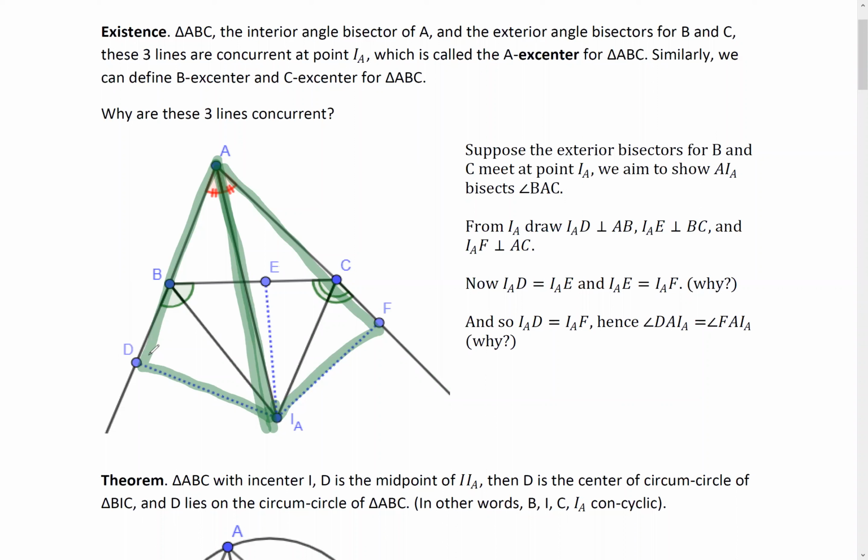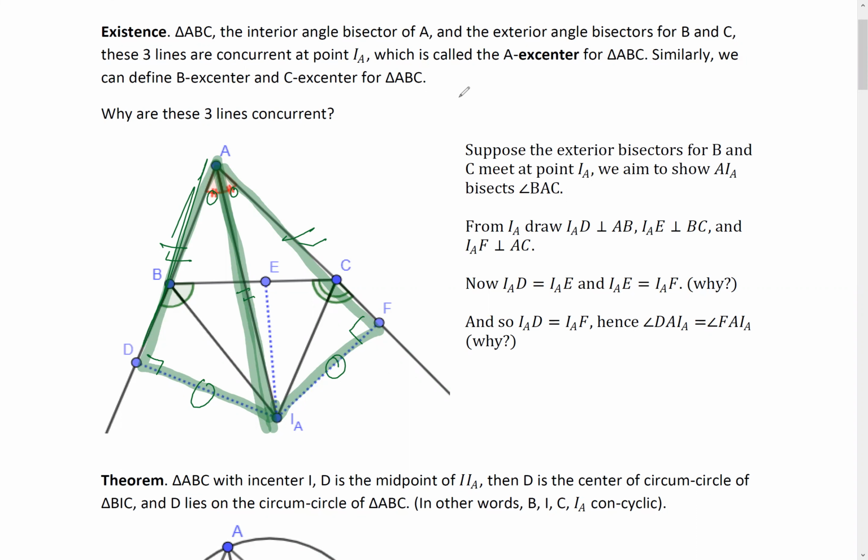Because they're both 90 degrees. They share a hypotenuse and they have one leg the same. And by Pythagorean, the other leg must also be the same, right? It's like SSS, right? Congruent. And because they're congruent, this angle equals this angle. All right?